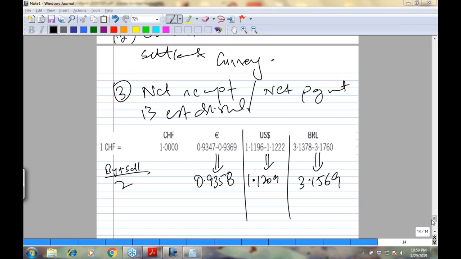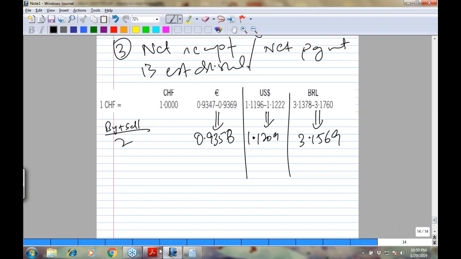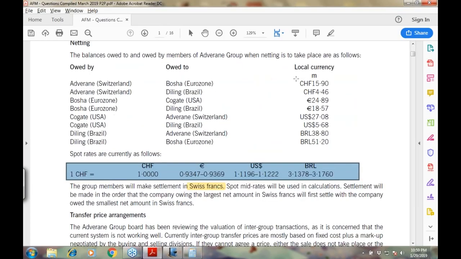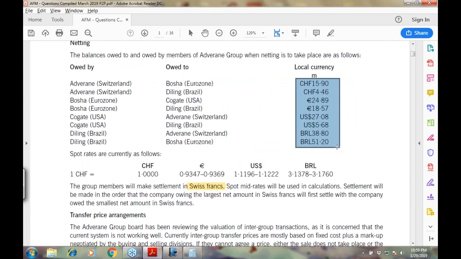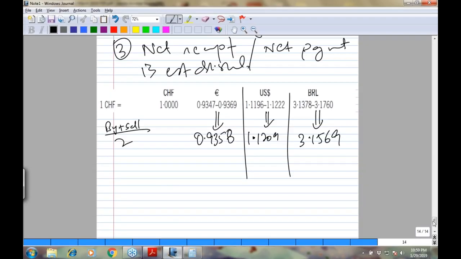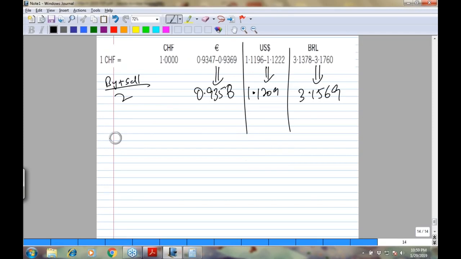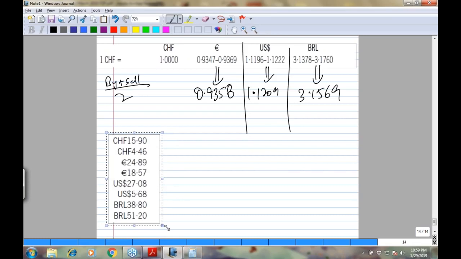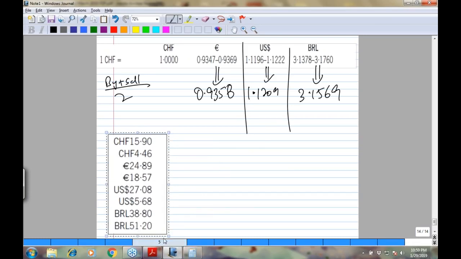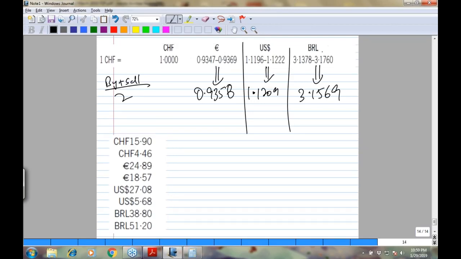The next step is to convert all of these transactions into CHF. The exchange rates given to us are euro per CHF, USD per CHF, and BRL per CHF. So you need to divide by the exchange rate.